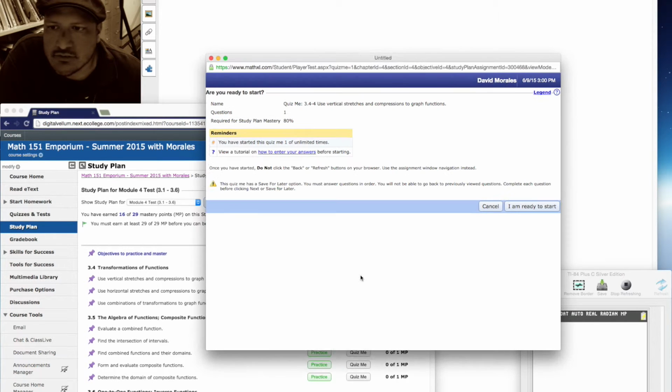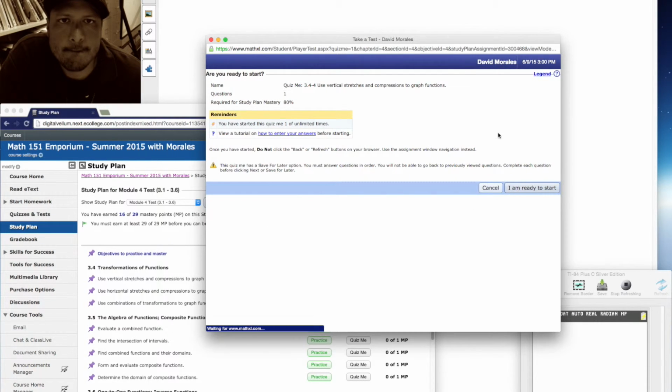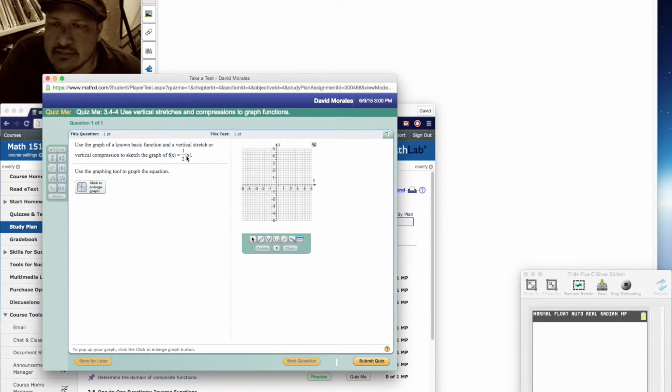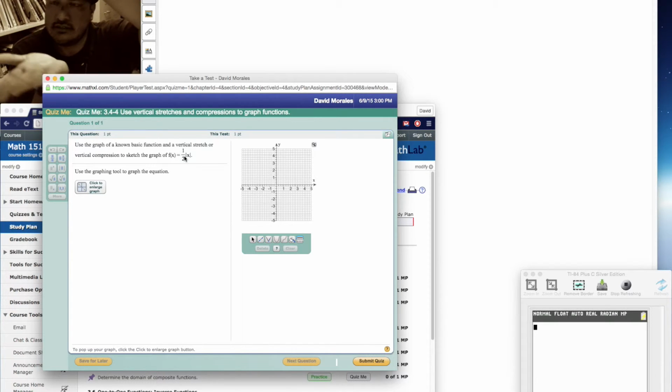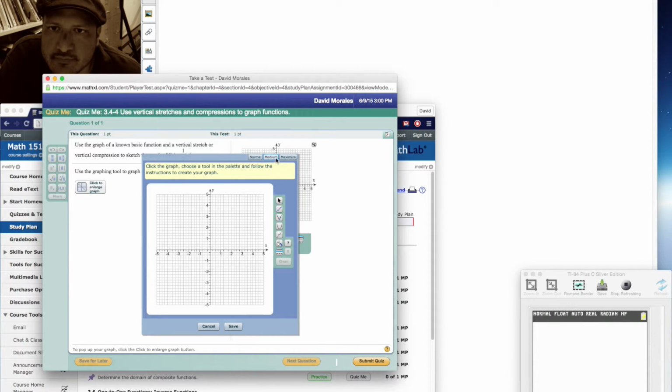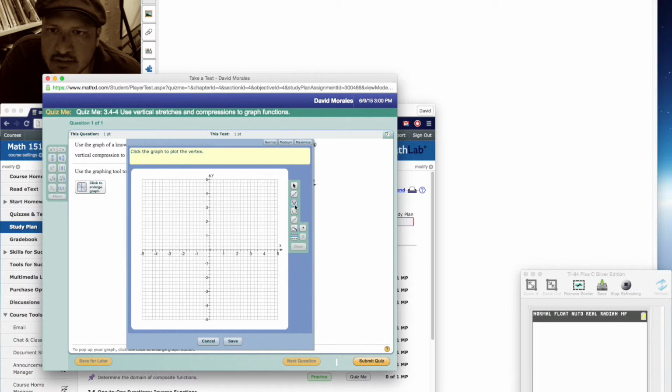Okay, vertical stretch. This is a stretch. It basically takes it and cuts it in half. So our regular absolute value goes like this, it goes up this line right here.